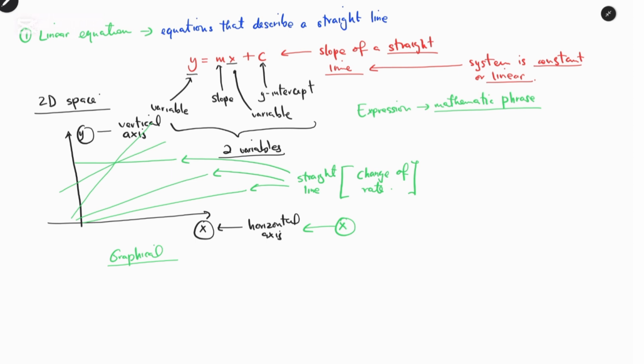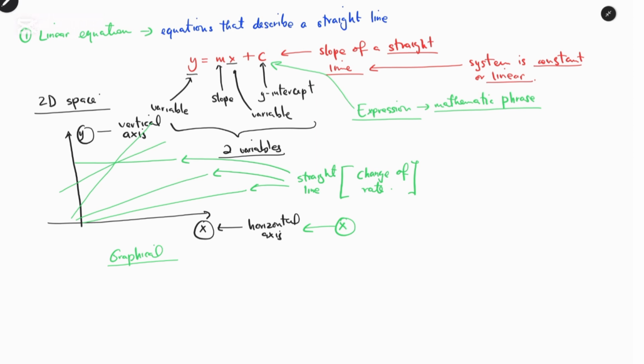When an engineer or a technical person sees the graph, it is easy for them to analyze it rather than putting it into an English phrase where it will be too long. Therefore, in substitution of this English phrase, they now use the mathematical phrase, which is known as the expression. And y equals mx plus c is now a mathematical phrase for describing a straight line.